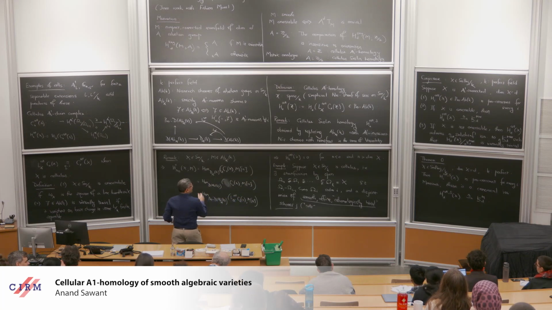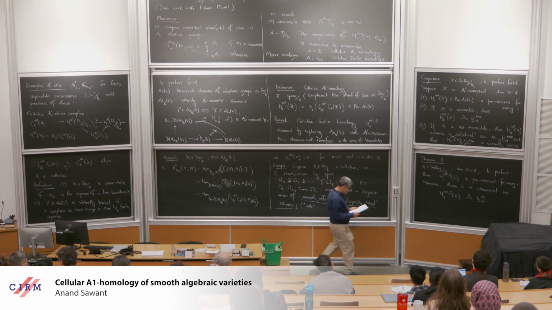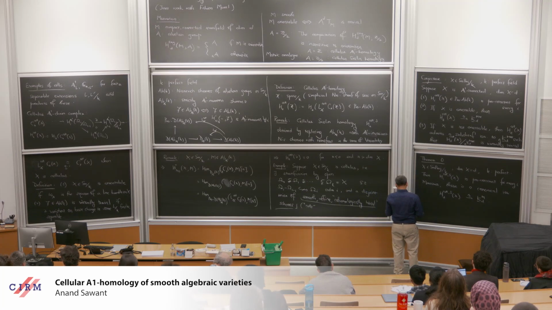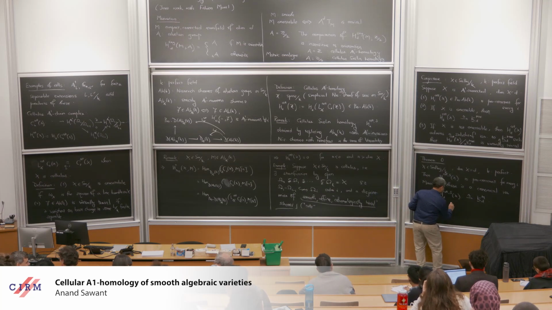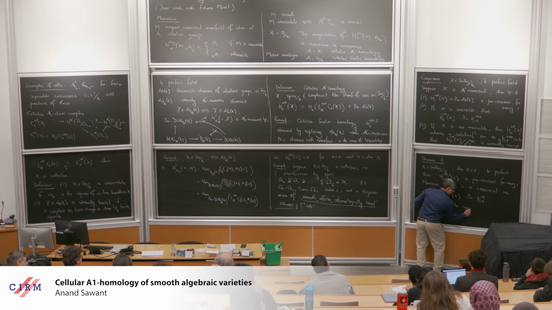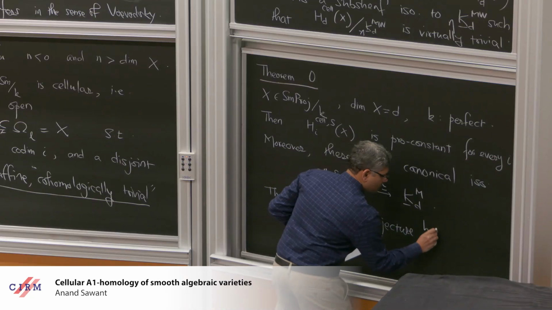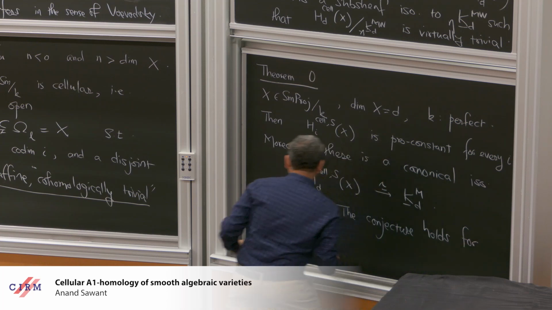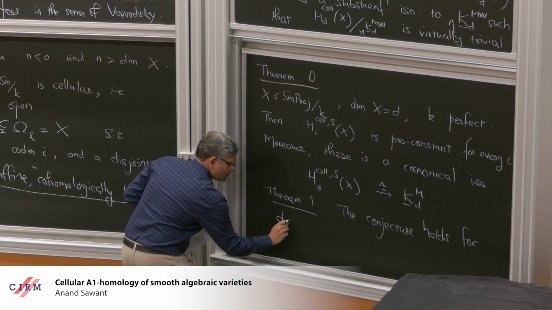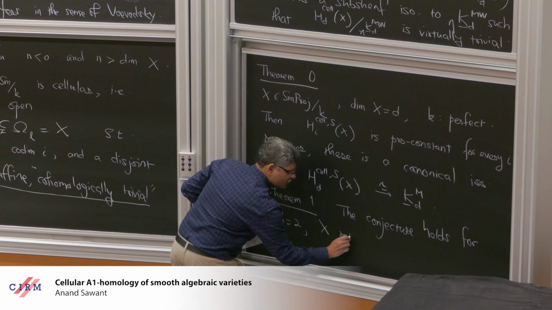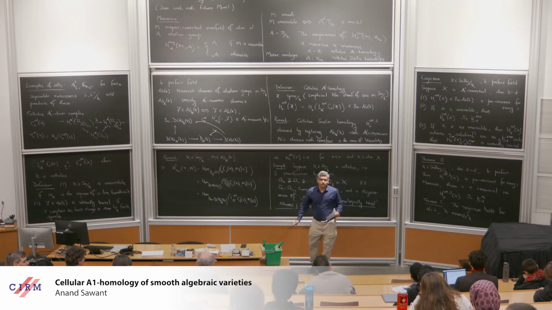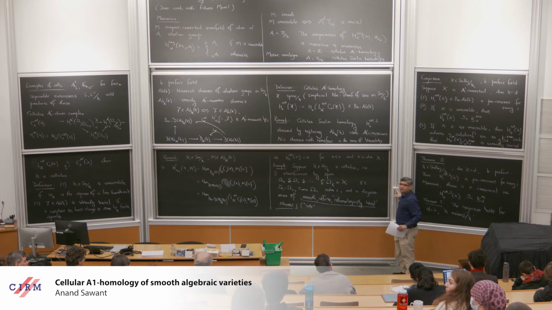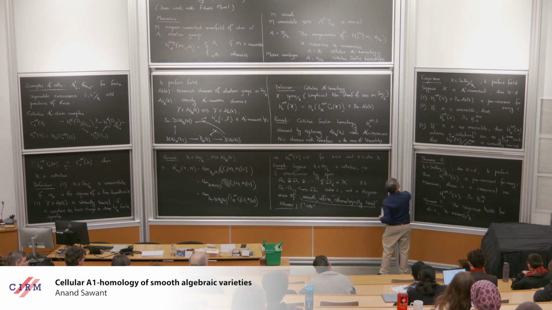So now, let me write down theorem 1, the proof of which I will fairly outline today. So the conjecture holds for dimension 2 and X rational over K. I don't know.